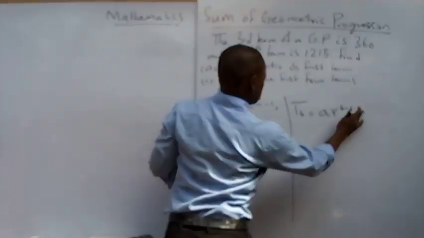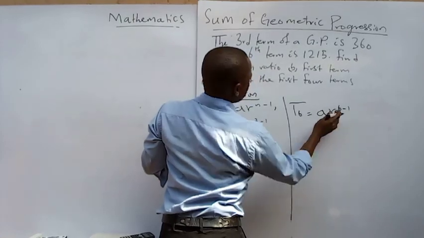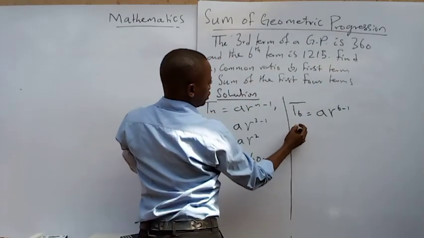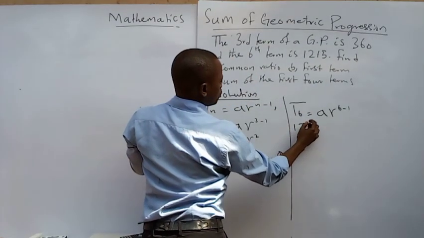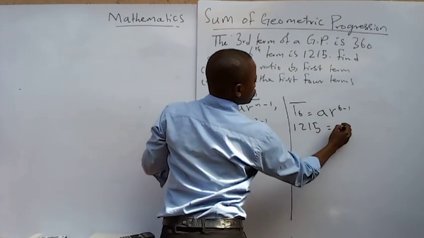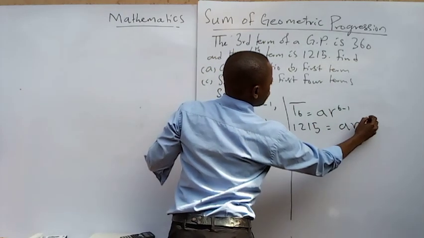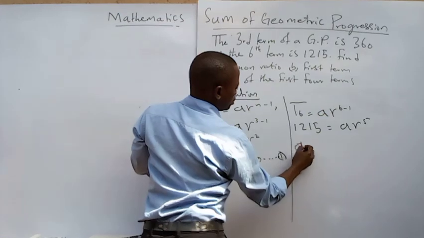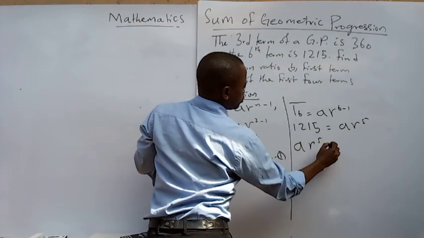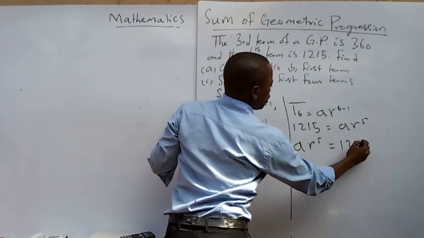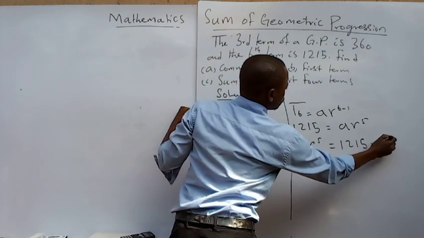So 6 minus 1, and the figure provided is 1215, so 1215 equals a r raised to power 5. I can write it as a r raised to power 5 equals 1215. I call it equation 2.